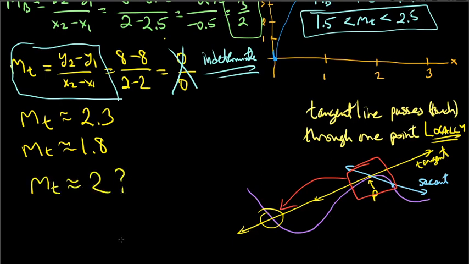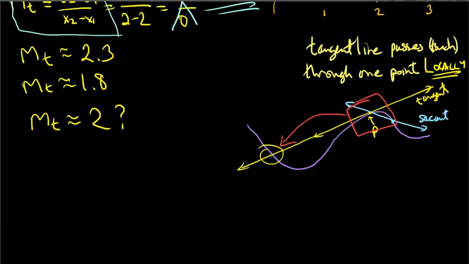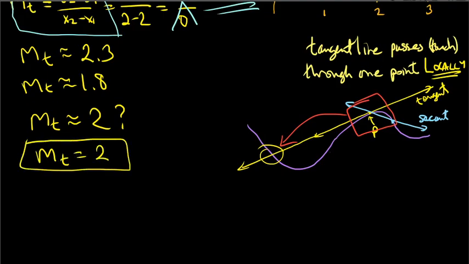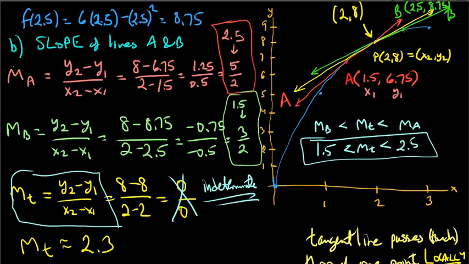Could it be exactly 2? Sure, why not? In fact, spoiler alert, it actually is exactly equal to 2. But we don't know that; that's not obvious from the graph. The graph is very sloppy at this point, and it's very difficult to determine the slope of the tangent line with any precision here.